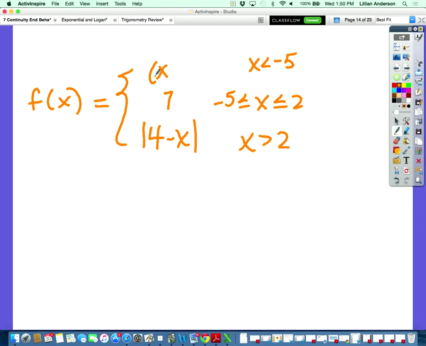It was the very back of the lesson 4 notes, the last graph. We never graphed this one. So this is a perfect one to determine if this function is continuous at -5.